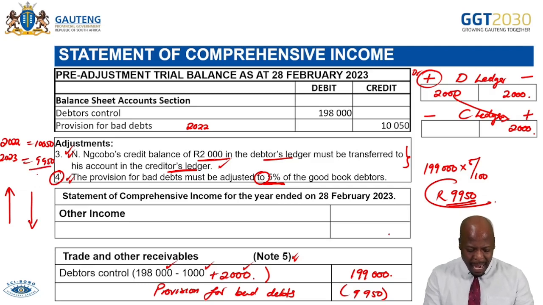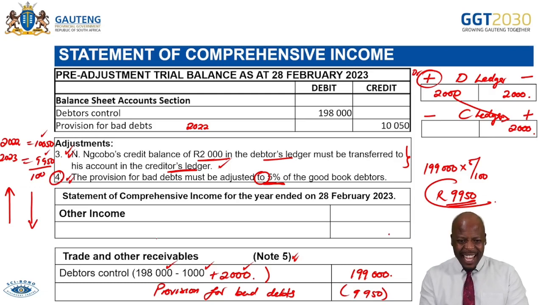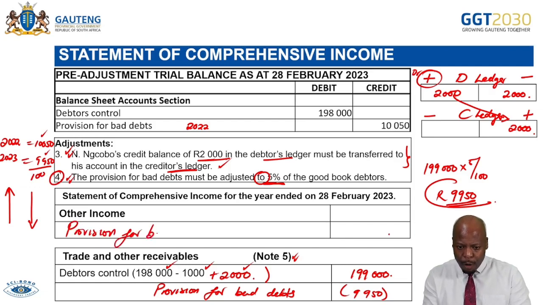A decrease by how much? So you're saying 10,050 minus 9,950. How much is the difference? 100 rands. So you come here, your difference is 100 rands. So you come and say, provision for bad debts adjustment.